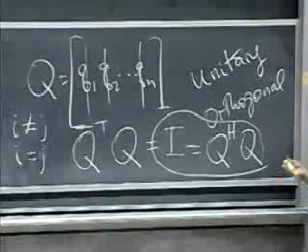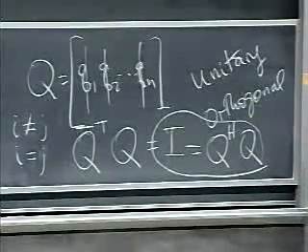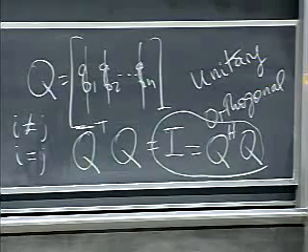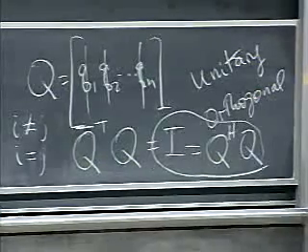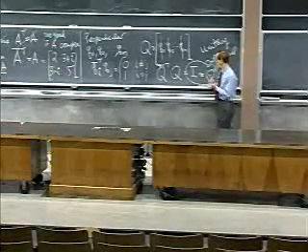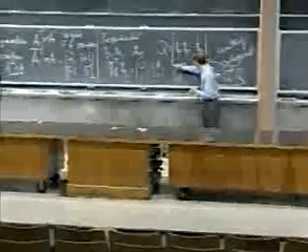It's a square n by n matrix with orthonormal columns, perpendicular columns, unit vectors, with lengths and perpendicularity computed by remembering that there's a conjugate as well as a transpose. Okay. So those are the words.